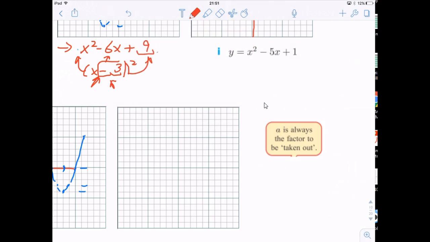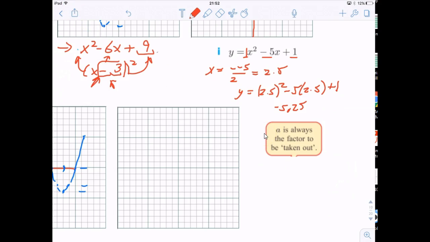So here we have a is 1, b is negative 5, and c is 1. The x-coordinate is going to be negative b over 2a, so 5/2, 2.5. And then we're going to have the y value, which is 2.5 squared minus 5 times 2.5 plus 1. So that's going to be about negative 5.25.